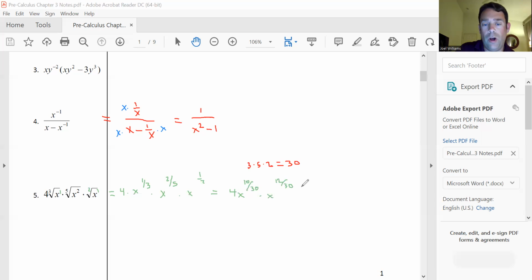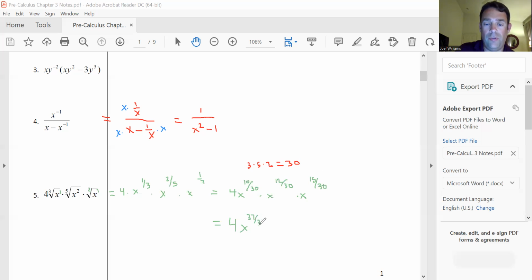And then instead of 1/2, I could make that 15 over 30. And then, friends, once they all have a common denominator, when you're multiplying numbers with the same base, add their exponents. So now I can keep that 30 as a denominator and add 10, 12, and 15. And when I do that, friends, I end up with 37 30ths.